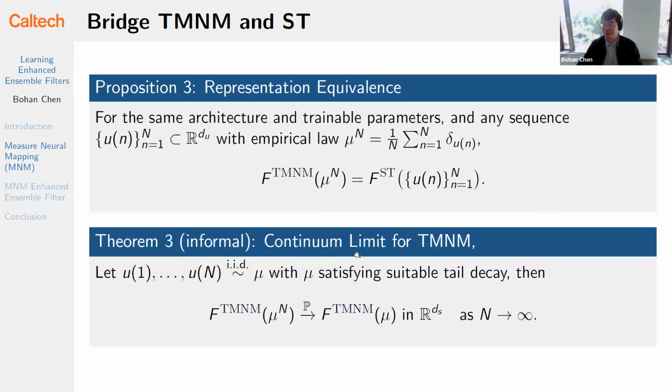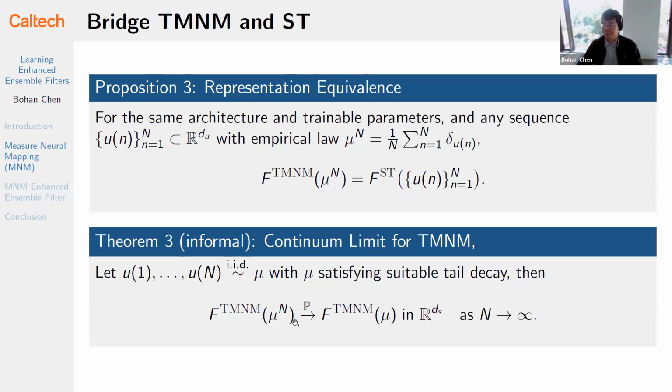That is also our major theoretical contribution of this Transformer Measure Neural Mapping architecture. That is, for any IID samples from mu with some tail decay conditions, we have that the Transformer Measure Neural Mapping with mu_n as input converges in probability to the Transformer Measure Neural Mapping with the continuous measure as the input.